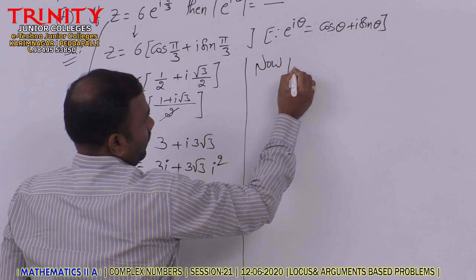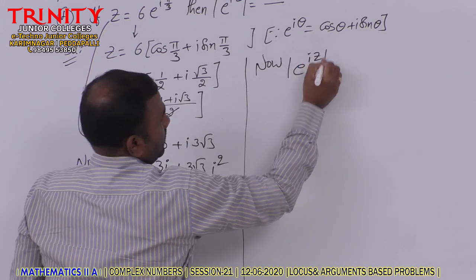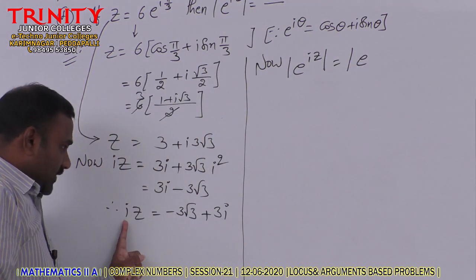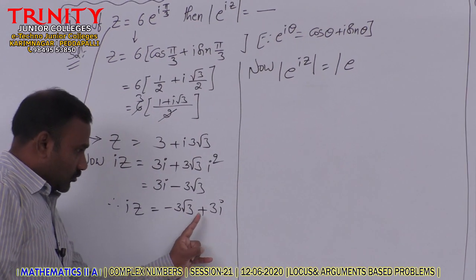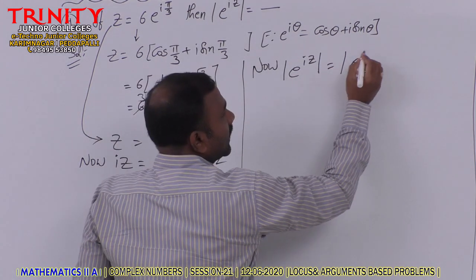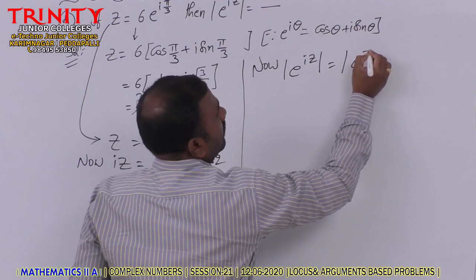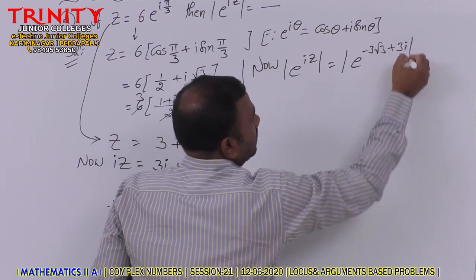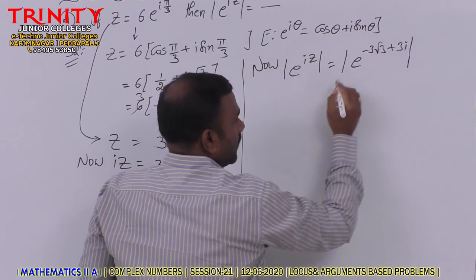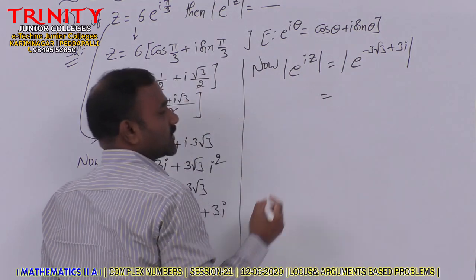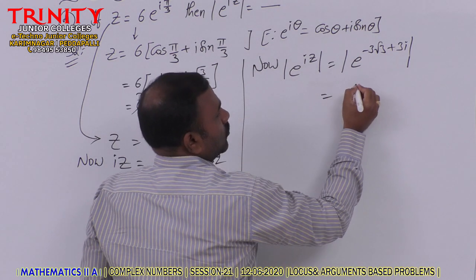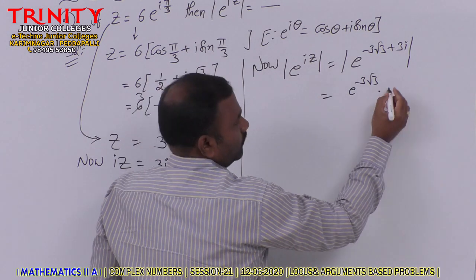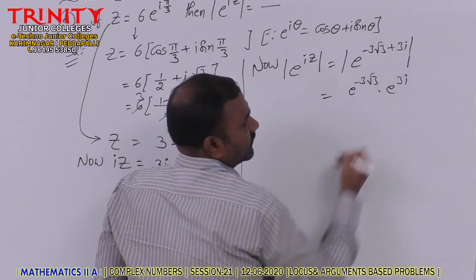Modulus of e to the power of iz, we got it as e to the power of minus 3 root 3 plus 3i. Now, can we write this one as e to the power of minus 3 root 3 into e to the power of 3i?